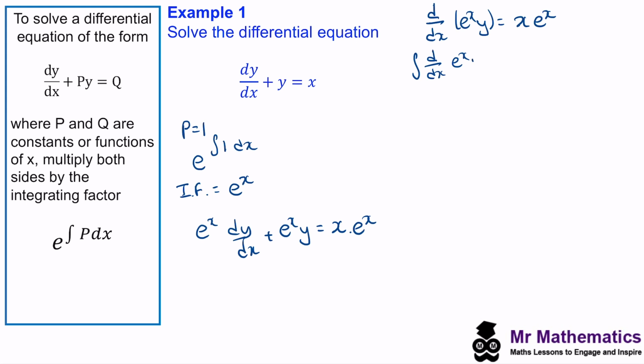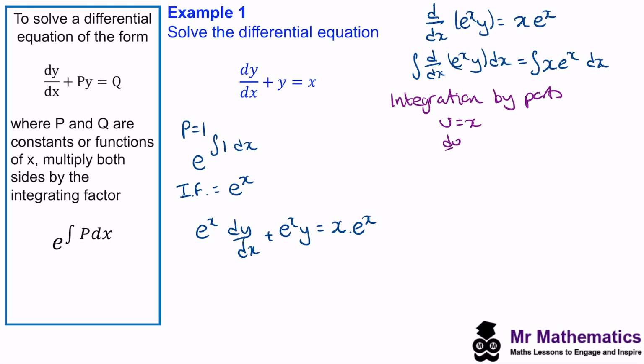So e to the x times y integrated with respect to x is equal to the integral of x e to the x dx. We can integrate this using integration by parts, where u is equal to x, so du by dx will equal 1, and dv by dx will equal e to the x, so v will also equal e to the x.